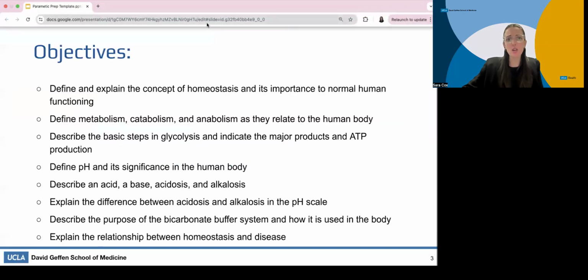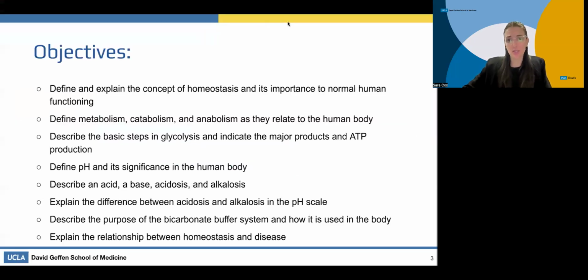Here are the objectives for our lecture here today. We are going to define and explain the concepts of homeostasis and its importance to normal human functioning. We'll define metabolism, catabolism, anabolism, and how they relate to the human body. Talk about the basic steps in glycolysis and indicate the major products of ATP production.